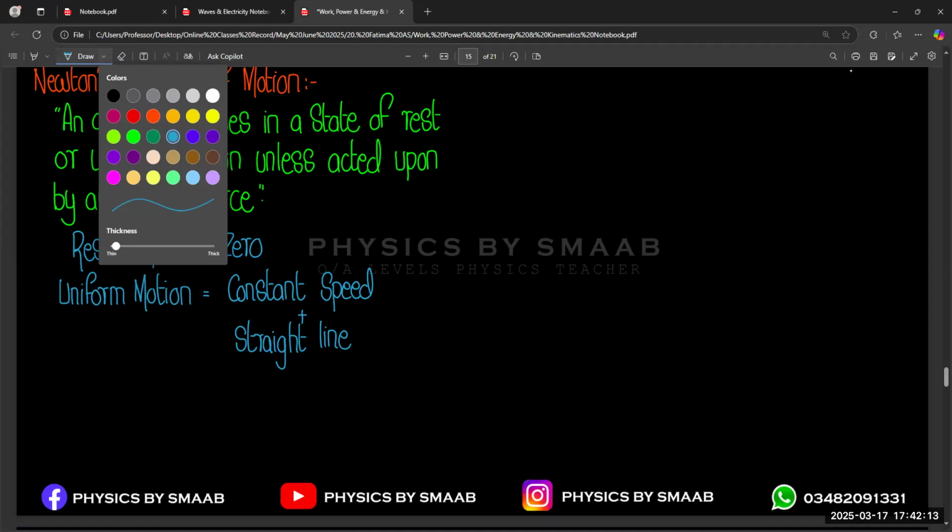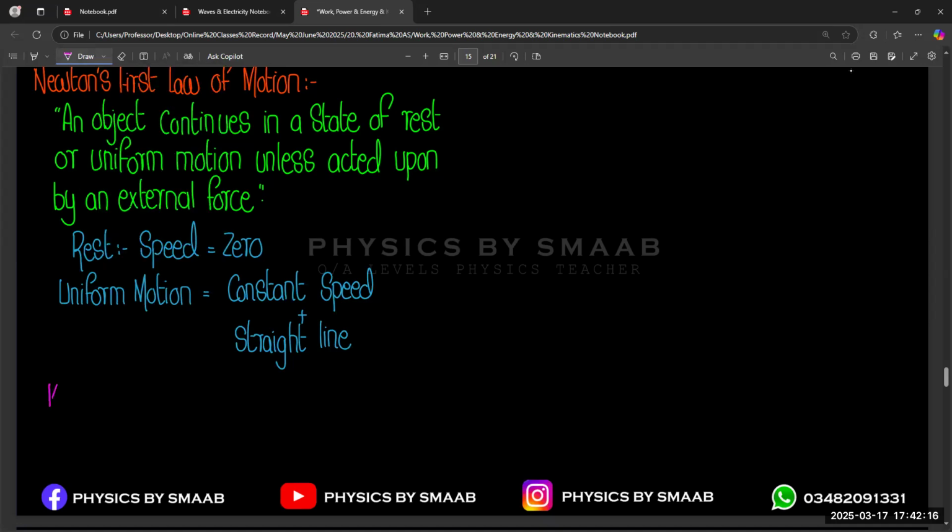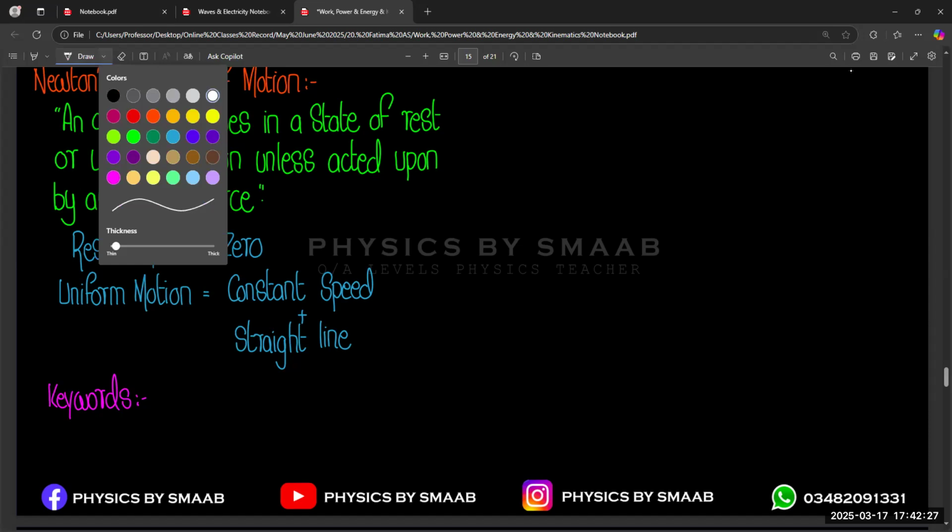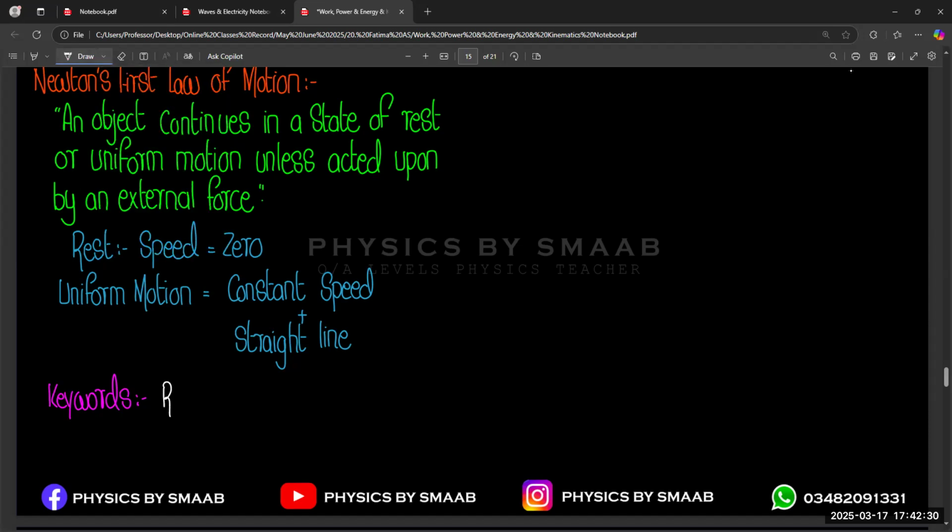For example, in your questions we have some keywords. We can apply Newton's first law when we get these types of words in the questions: rest, hanging, constant speed, terminal velocity.